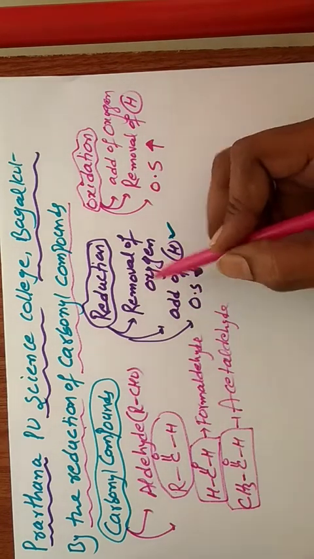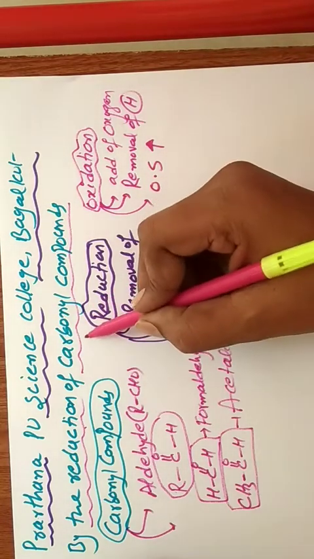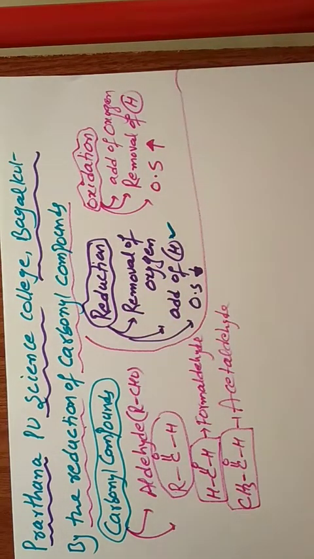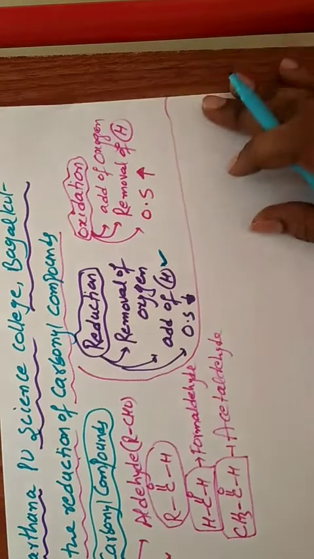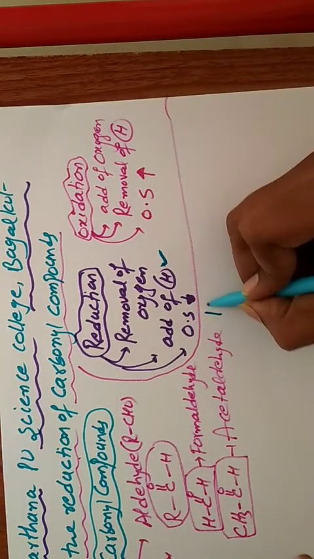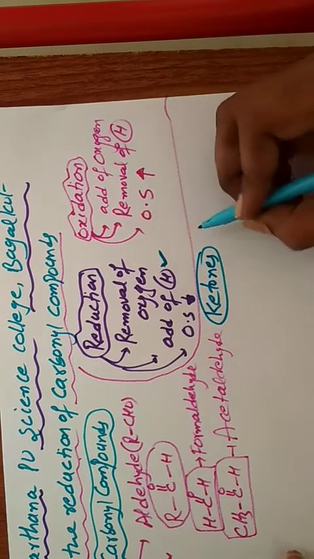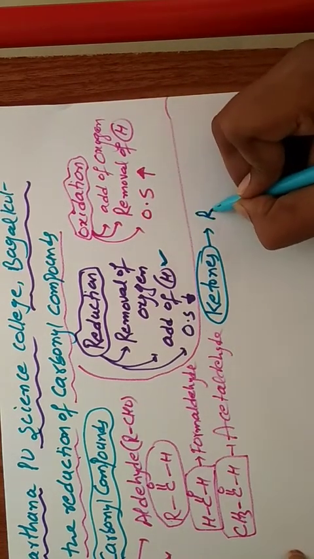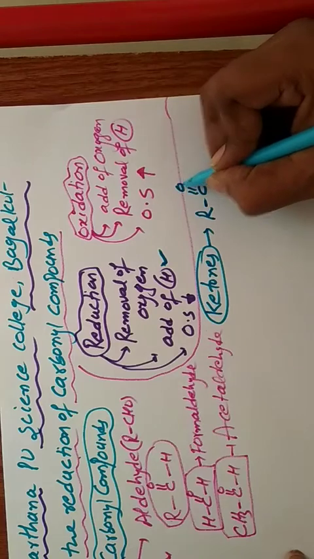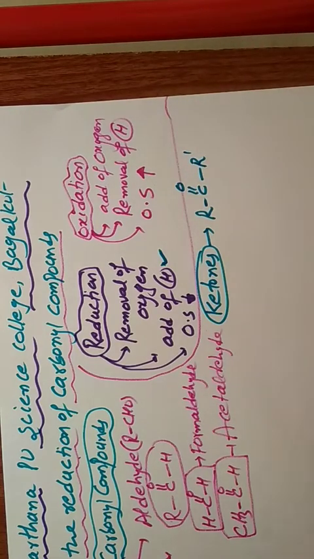Not only aldehydes, ketones are also taken as carbonyl compounds. What is the general formula of ketones? R-C double bond O-R dash.